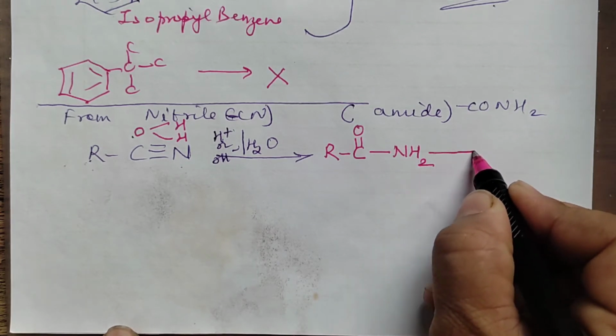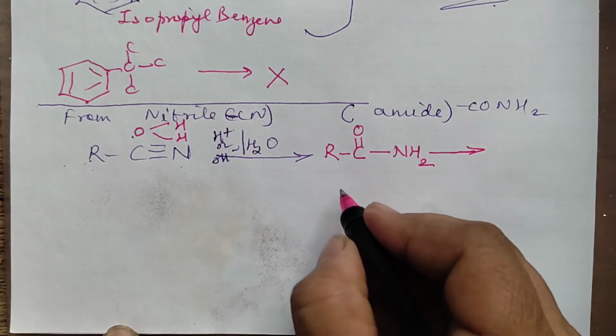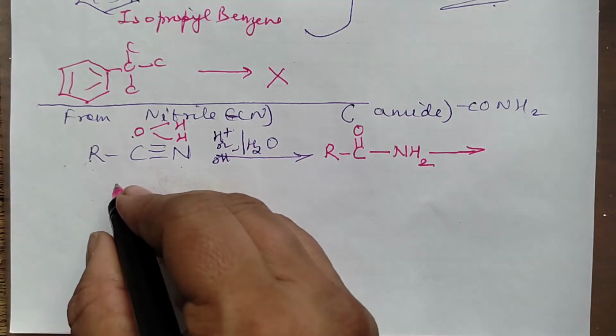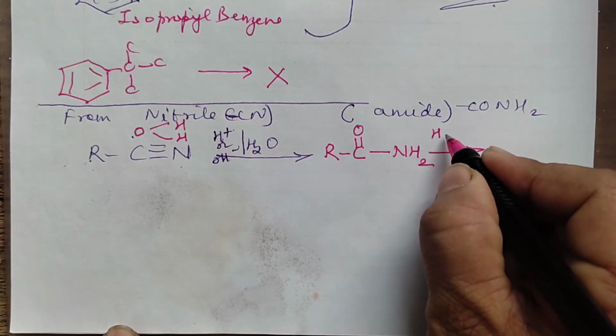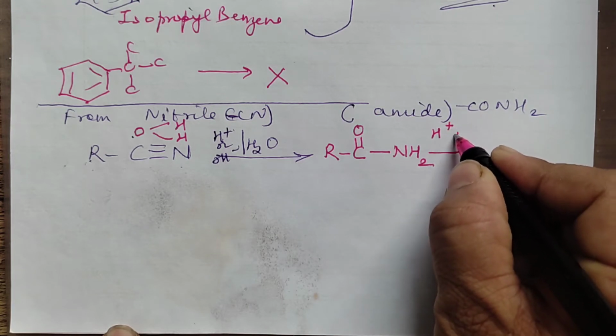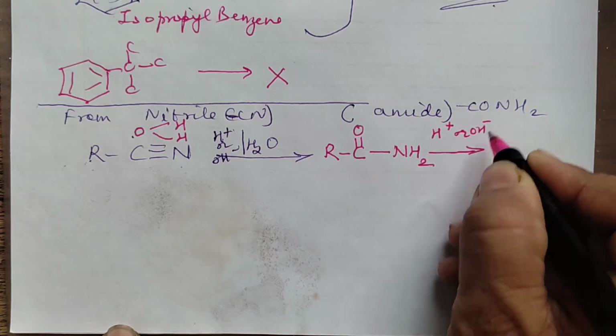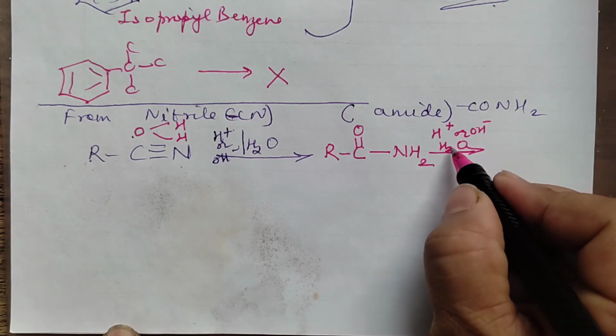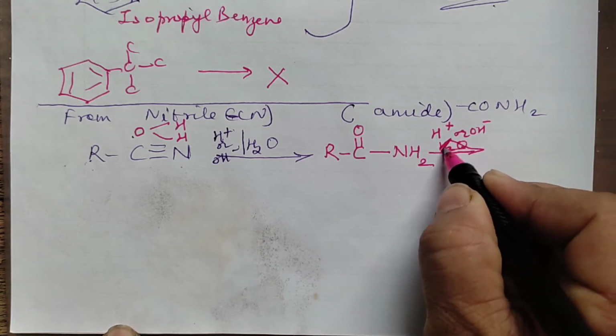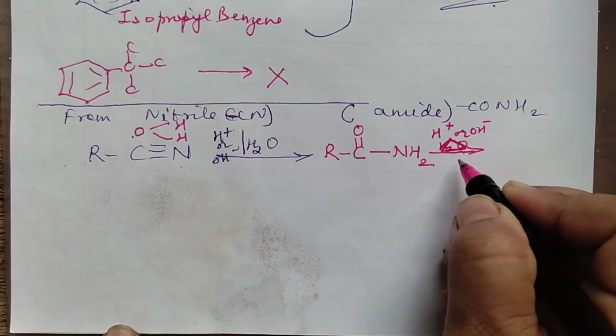And further, this is what? Amide, right? This is cyanide or nitrile, it is converted to amide. Further, it is again undergoing hydrolysis, right? So, this is heating, in the acid or in the alkaline medium, you are heating it.